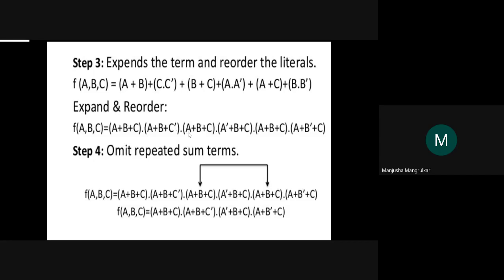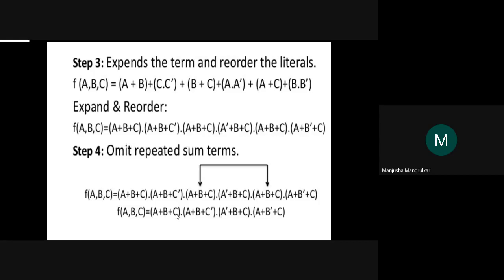Product A B C, A B C, again A complement B C, again A, B, C, A or B or C, product A, B complement C. Now omit the repetitive terms A or B or C, A or B or C, A or B or C. So remove the repetitive terms. So what will we get?